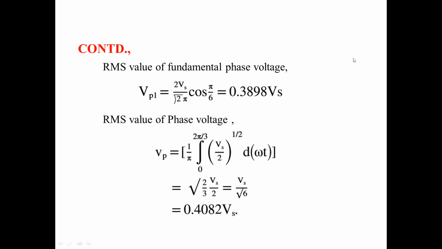To calculate the RMS value of the phase voltage for phase 1, it will be 2 Vs, the supply voltage, by square root of 2 pi, cos pi by 6.